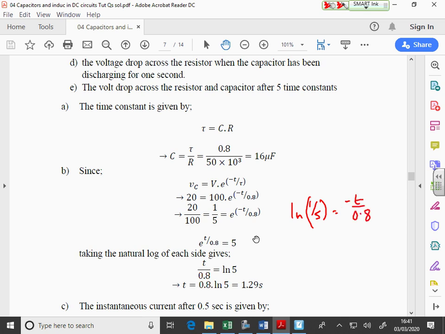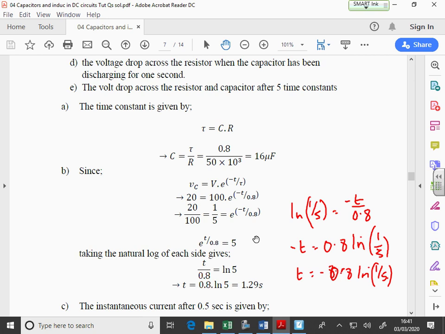So minus t is 0.8 ln a fifth. T is minus 0.8 ln a fifth. The answer comes out to 1.29 seconds.